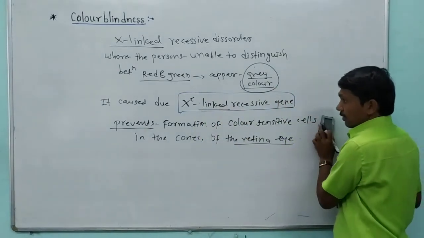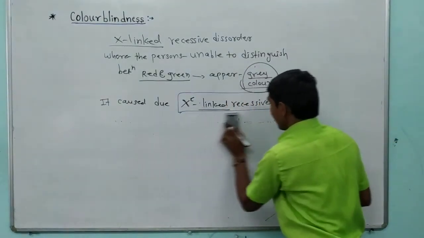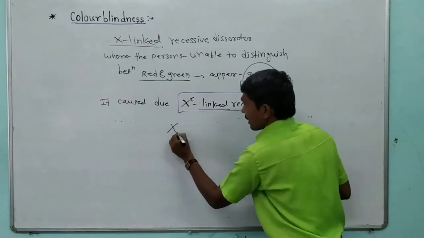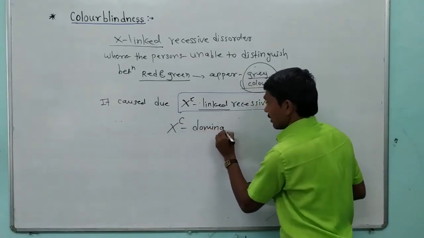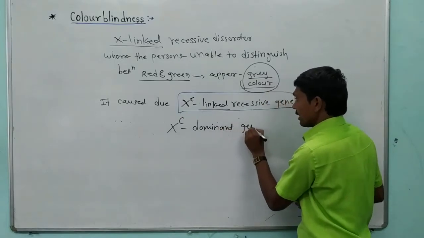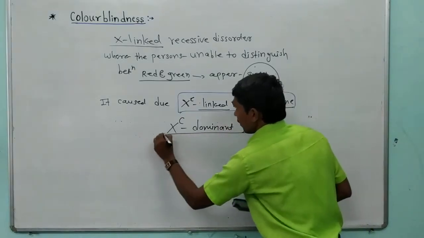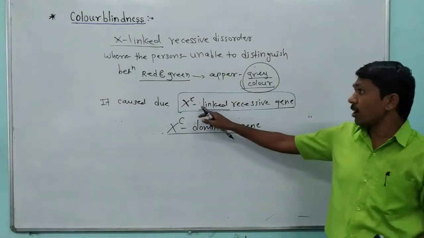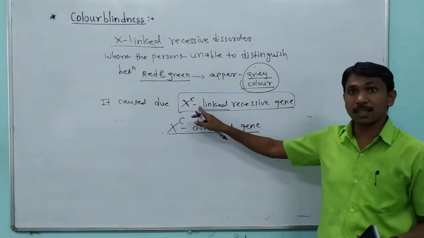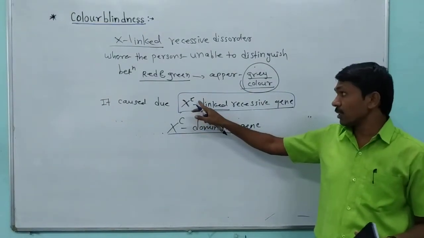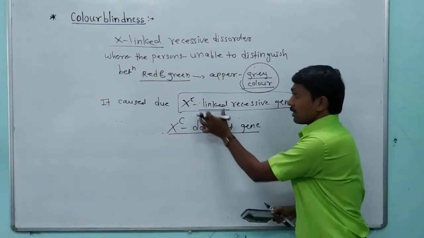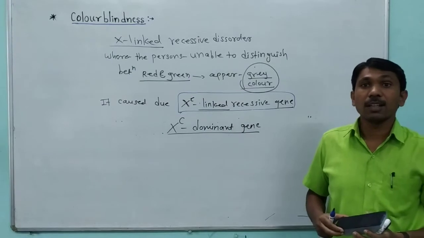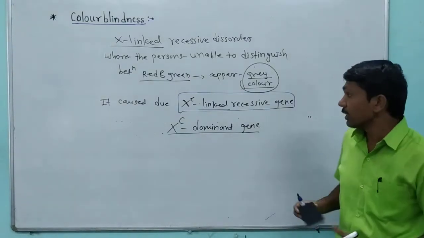When X capital C is the dominant X-linked gene, fine. When the X-linked small c recessive gene is present, the person is unable to distinguish between red and green color, because it prevents the formation of color sensitive cells.